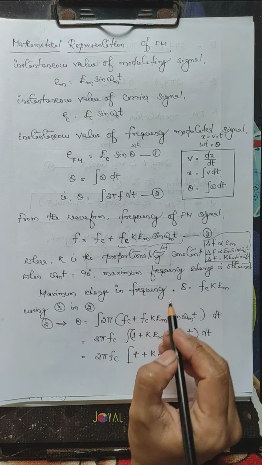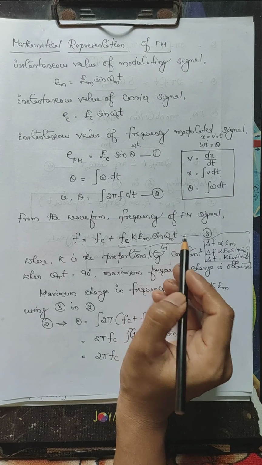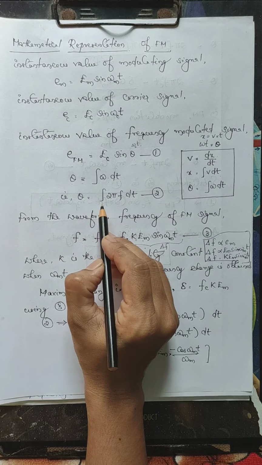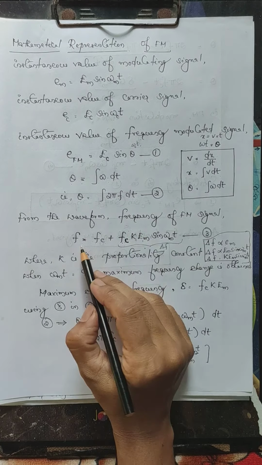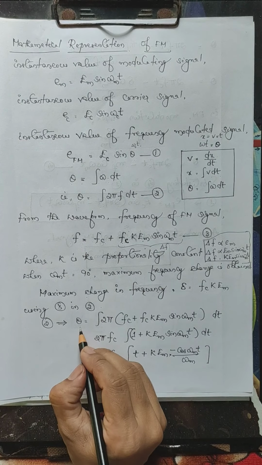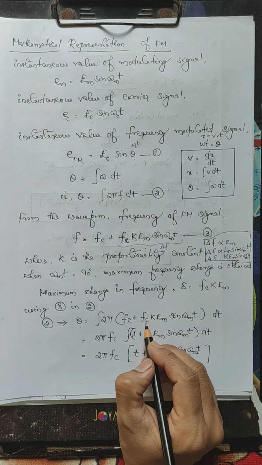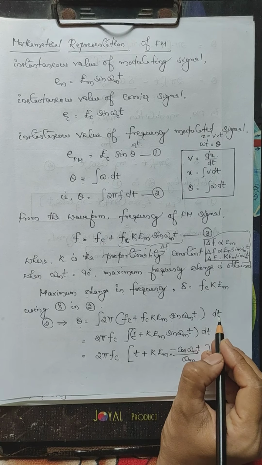Now, substituting the value of f in the equation theta is equal to the integral of 2 pi f dt: theta is equal to the integral of 2 pi into fc plus fc into k into Em into sin omega mt, dt.